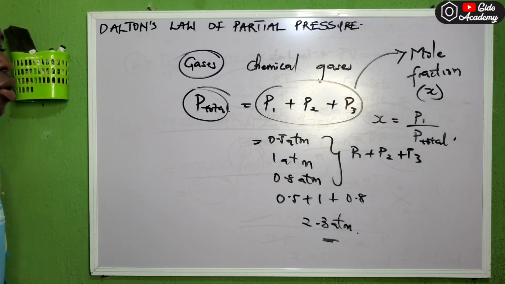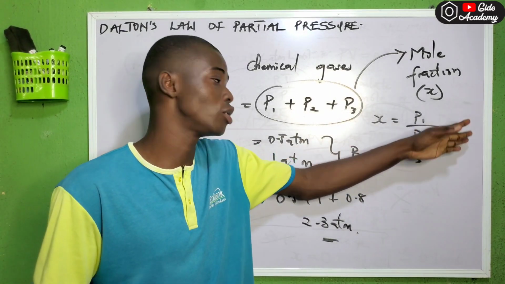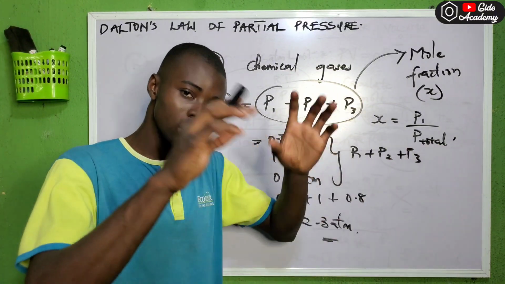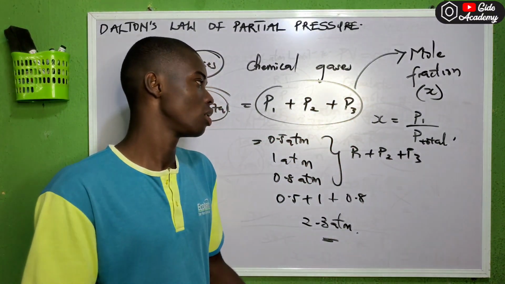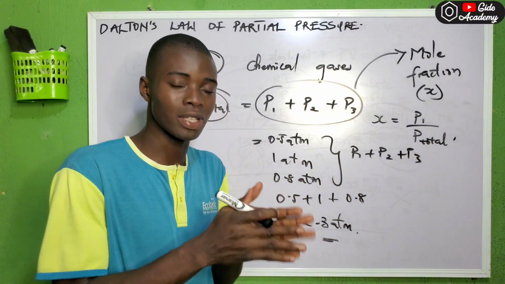It's very easy. This P1 can be the given partial pressure, while P total will be the sum, which is the total pressure of that particular gas.